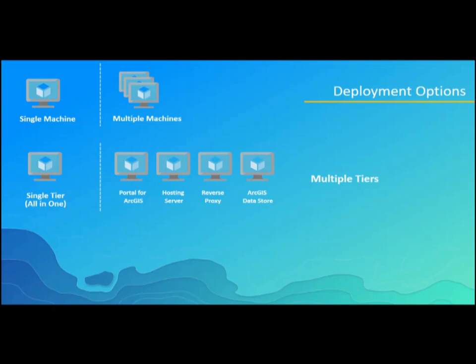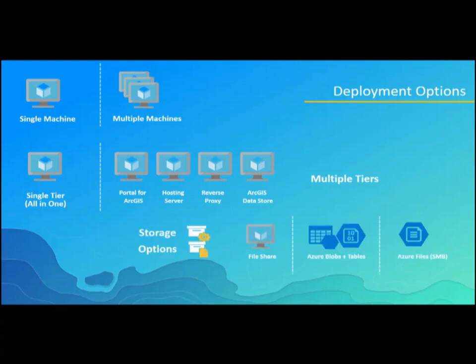Alternatively, you can choose to put all of these different components, portal, server, data store, etc., on a single tier or single machine, or you can choose to split them into multiple tiers or different machines. So Cloud Builder gives you the flexibility. So you can split your workloads into different tiers, and each of those tiers can have one machine or multiple machines, and you can scale according to your workload needs.